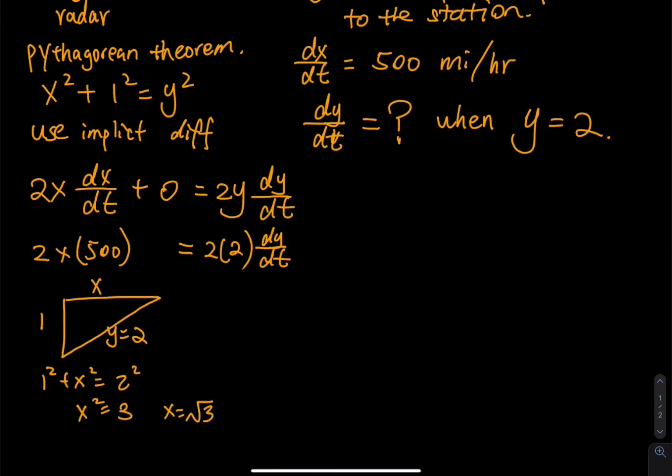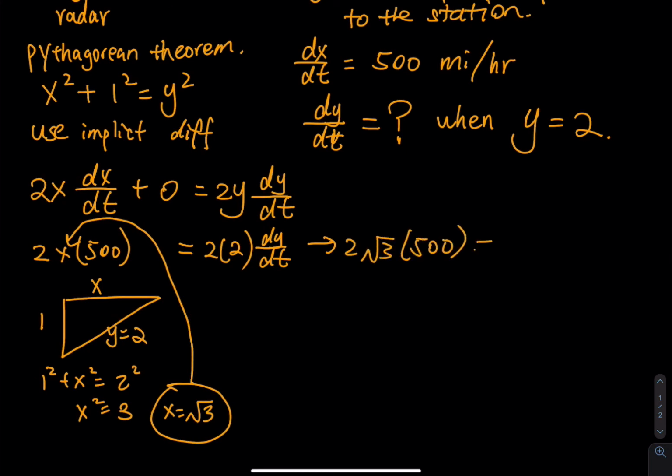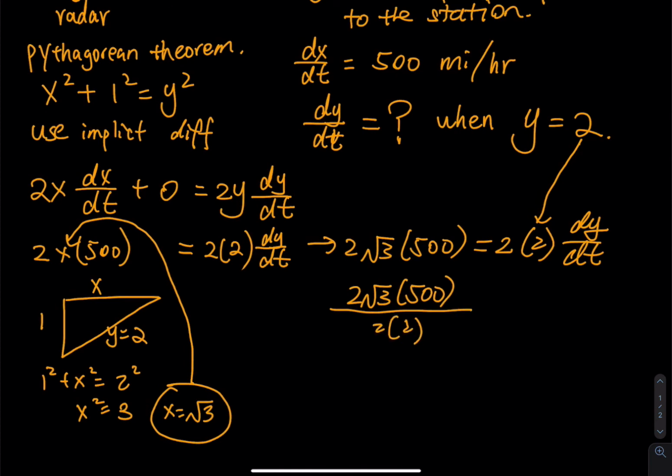And then we plug in the square root of 3 for x, and solve for dy/dt. So we have 2 times root 3 times 500 equals 2 times 2 times dy/dt. The y is equal to 2, so we only have one unknown. We can go ahead and solve it. So 2 root 3 times 500 divided by 2 times 2 is equal to dy/dt.